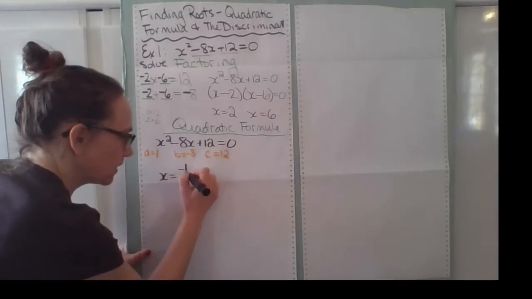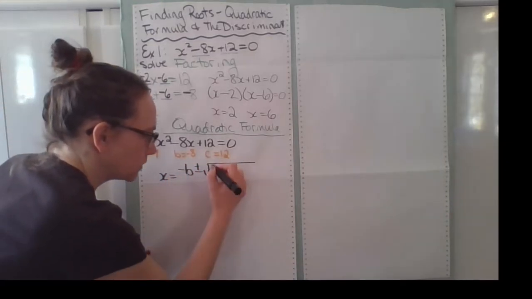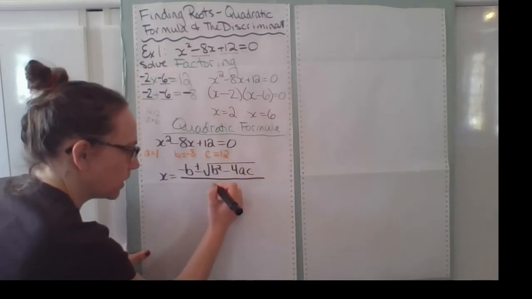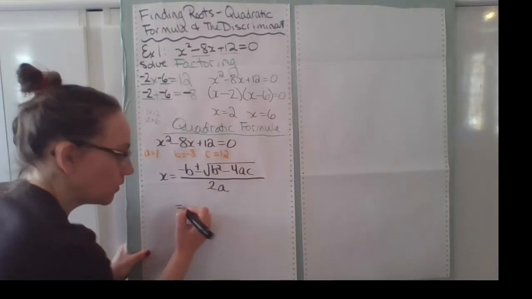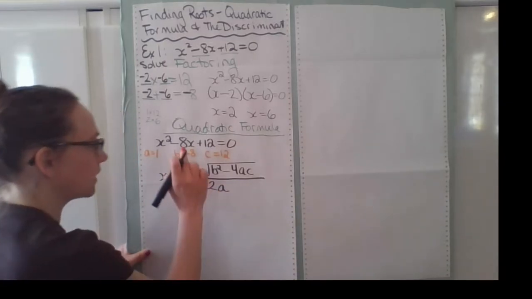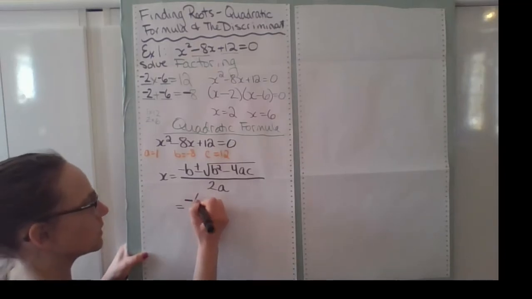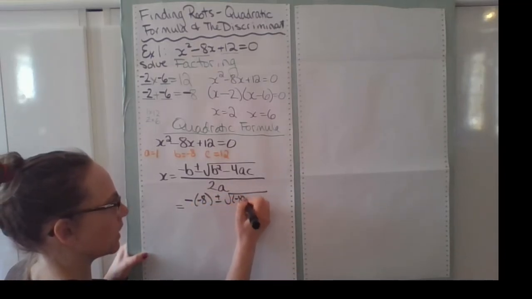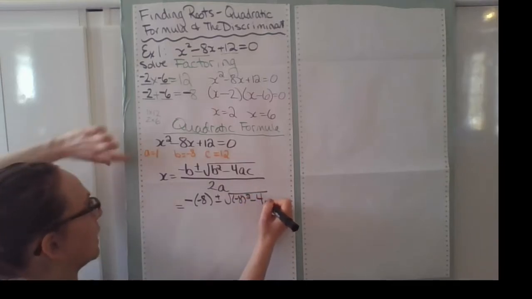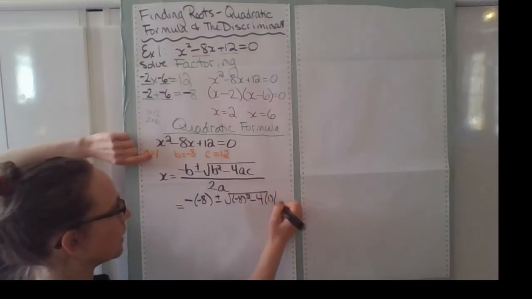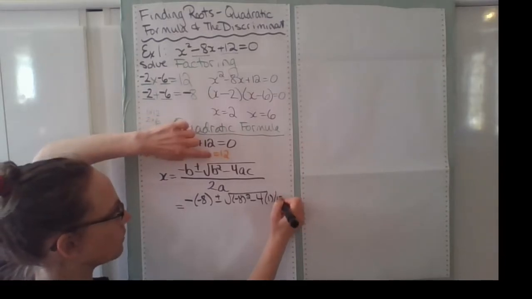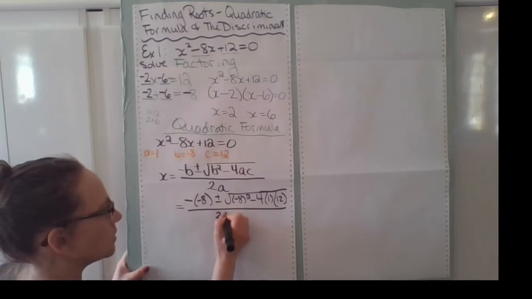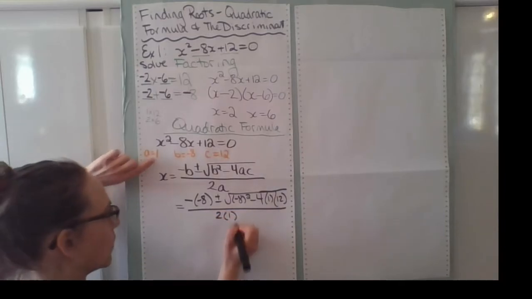x equals negative b plus or minus the square root of b squared minus 4ac, all divided by 2a. Pop in our values. So we've got negative b is negative negative 8, plus or minus the square root of negative 8 squared, minus 4 times a, which is 1, times c, which is 12, all divided by 2 times a, so 2 times 1.